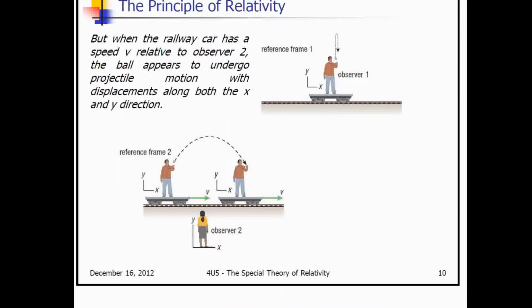But if that railway car was moving at a constant velocity, observer 2 would see a parabolic arc showing the motion of the ball. As the ball moves, it has a velocity equal to v, which is the same v that is the velocity of the cart, as well as its velocity that observer 1 would have given it when he threw it up and down.